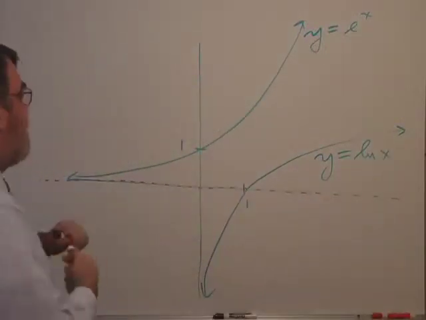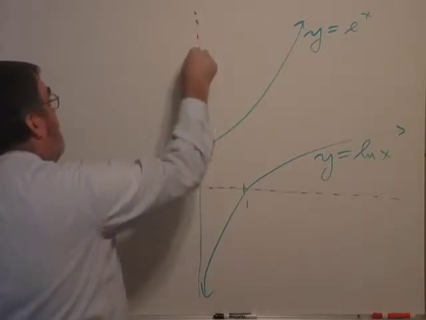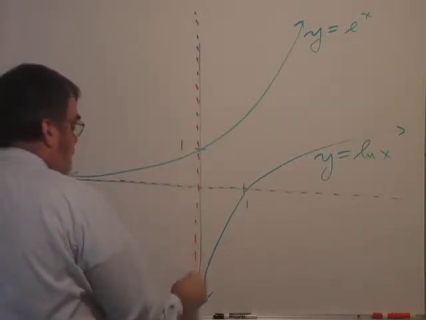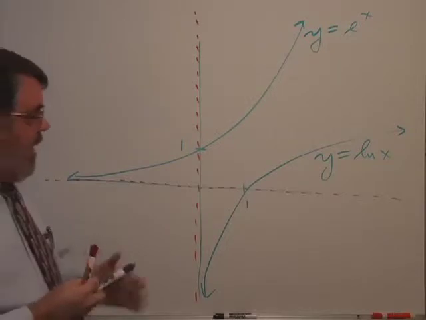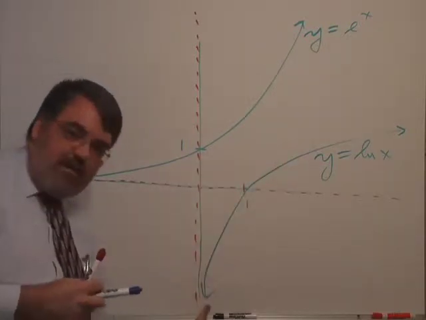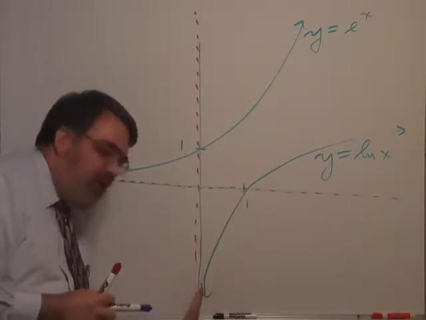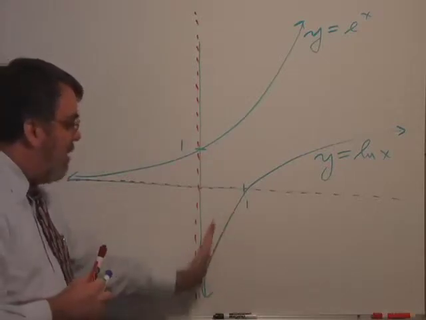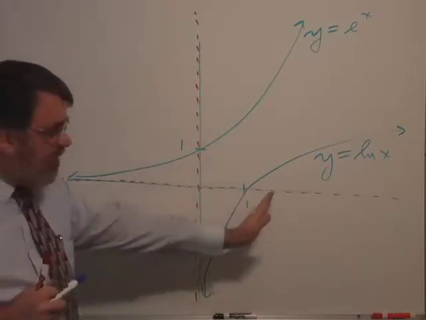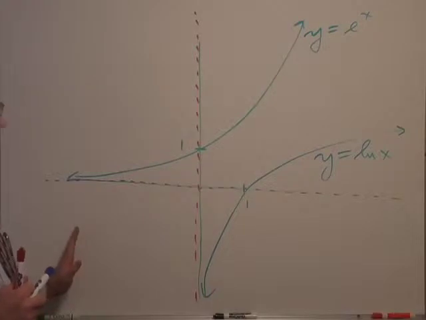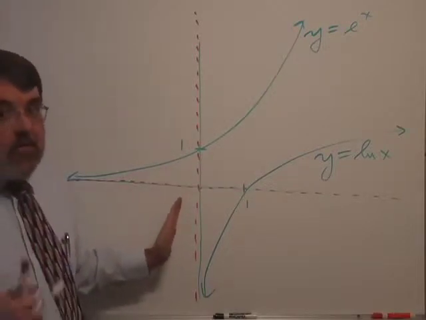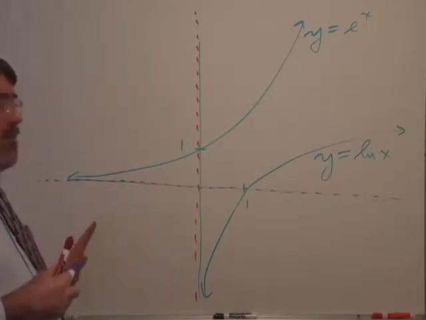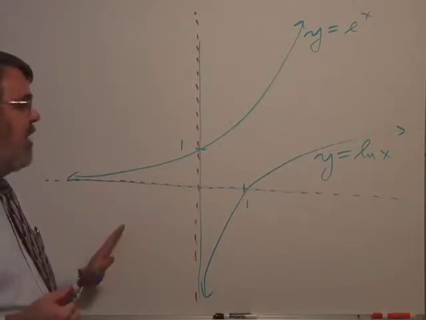It has a vertical asymptote on the y-axis. In other words, the graph approaches the y-axis asymptotically. It approaches but never quite touches over here. And you notice the logarithm function doesn't veer off in the negative range, because the logarithms of negative numbers are not real numbers, so they don't graph on an xy plane.